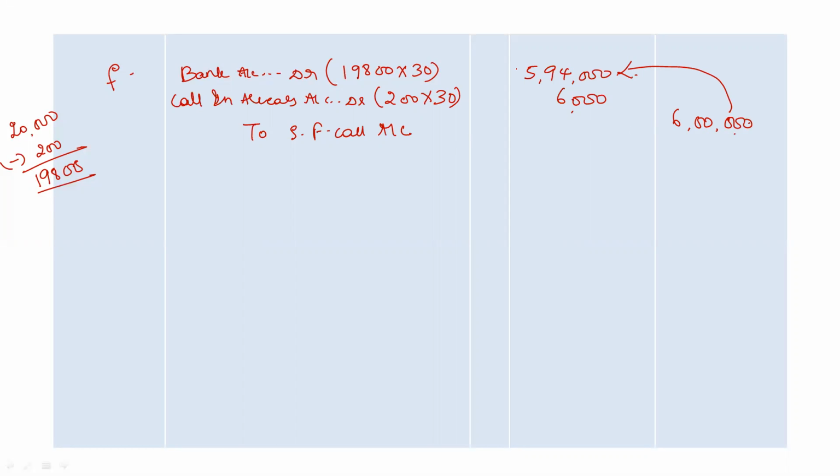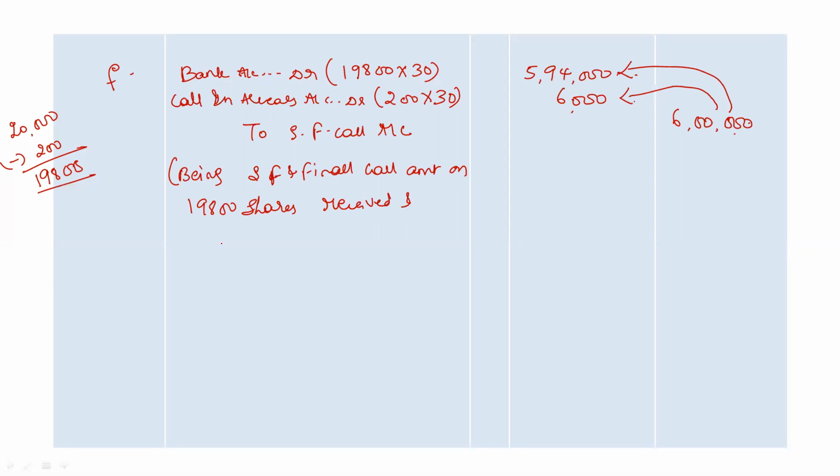I received 5,94,000 rupees into my bank account, and 6,000 rupees is the loss for the company. This amount is not received. You can write the narration being share first and final call amount on 19,800 shares received, and calls in arrears occurred for 200 shares.